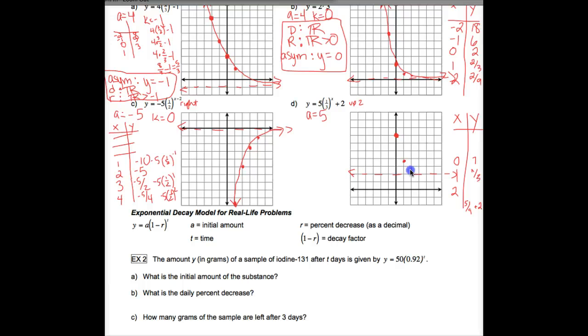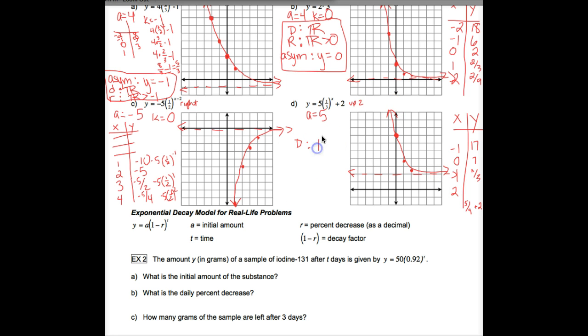So again, very small here. And there's my point. Let's see what happens when x is negative 1. So that'd give me 5 times positive 3, which would be 15 plus 2, which is 17. So that's off the graph. The only thing I can fit on here are 3 points. We usually try to get 4, but here we can only fit 3. So there is my graph.